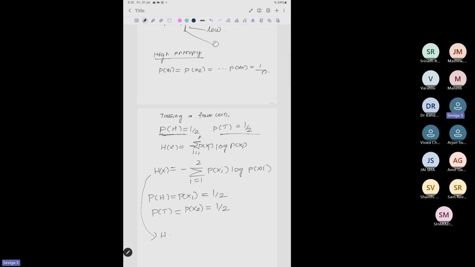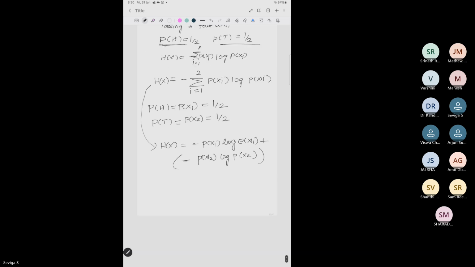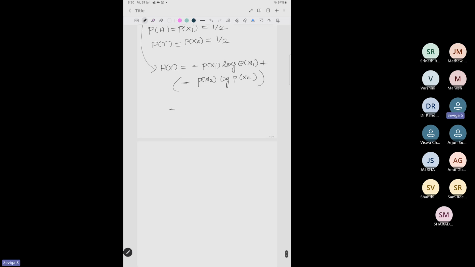So how can I expand this one? H of x is equal to minus P of x1 log of P of x1, plus, you have another minus here, P of x2 log of P of x2. So now we know the value of P of x1 and P of x2, so we can substitute these values: minus 1 by 2 log of 1 by 2, minus 1 by 2 log of 1 by 2.